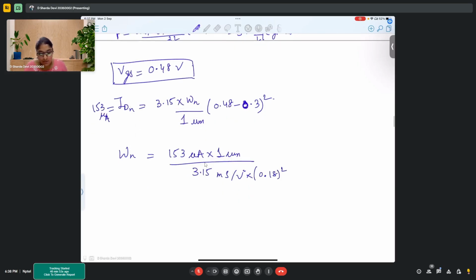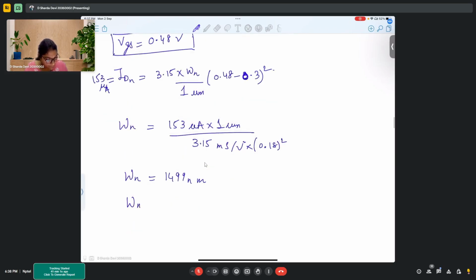So by solving all of this, Wn turns out to be 1499 nanometers, or if we report it in micrometers, it will be 1.499 micrometers.